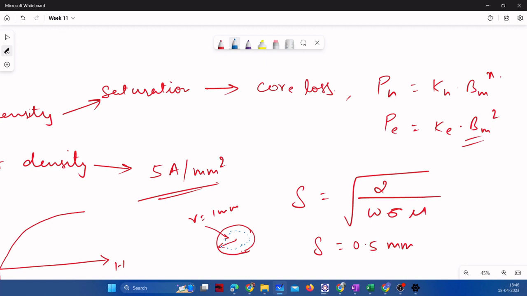Then in that scenario, either you will need to reduce the frequency of the circuit, which will lead to other problems, because if you operate at lower frequency, then of course your response and other factors will be affected.